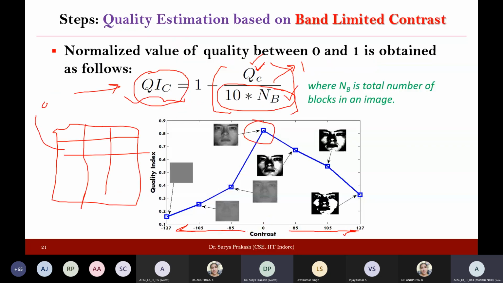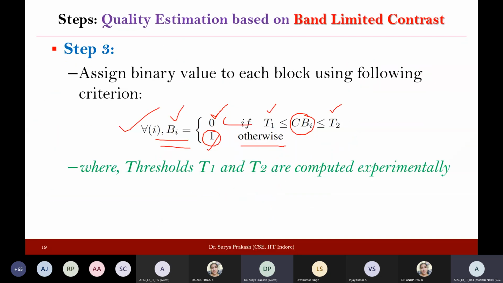For example, if you see this expression, it says that when the CB value is between T1 and T2, then you have to consider it a good contrast. Let's say T2 is 100. So you're saying when the value is less than 100, it's a good one. But in one of the images, maybe the highest value is only 99 or maybe 75.